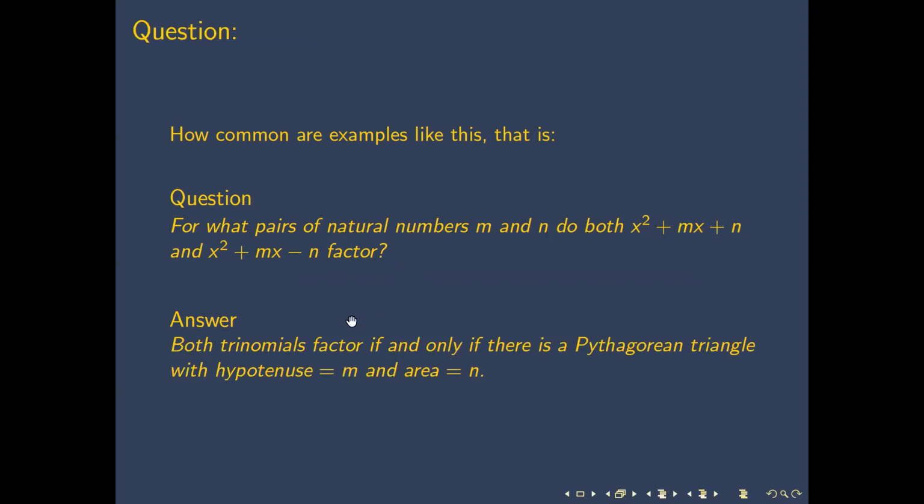So these both factor if and only if there's a Pythagorean triangle with hypotenuse m and area n. So one little disclaimer, I said natural numbers here, but we're really going to do integers for the rest of this, just to not worry about signs. So like 3, 4, -5 would be a Pythagorean triple for purposes of this video.